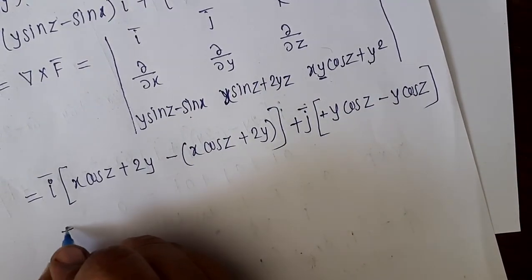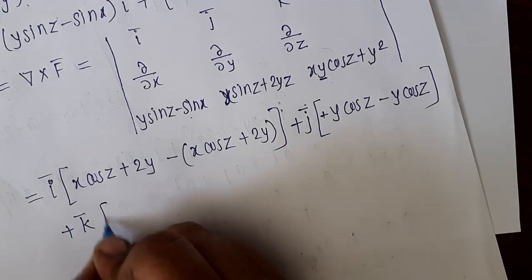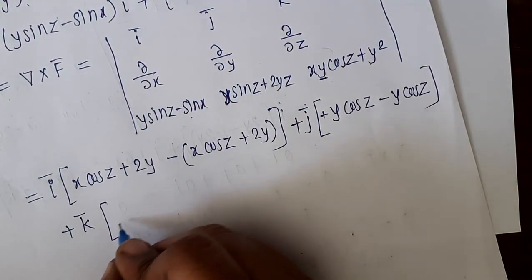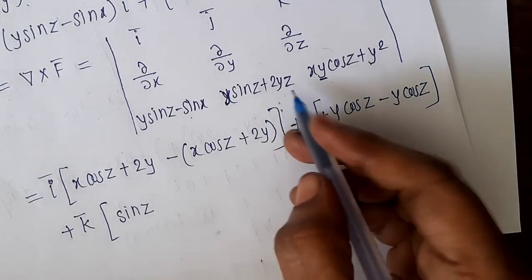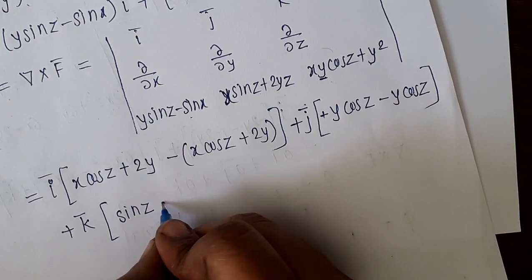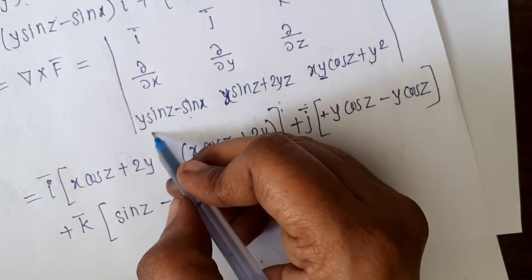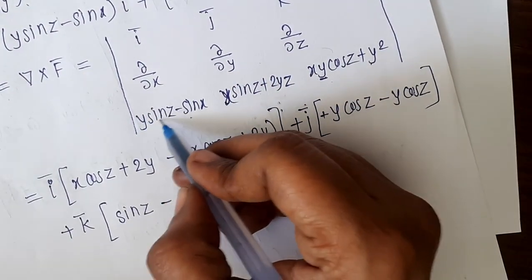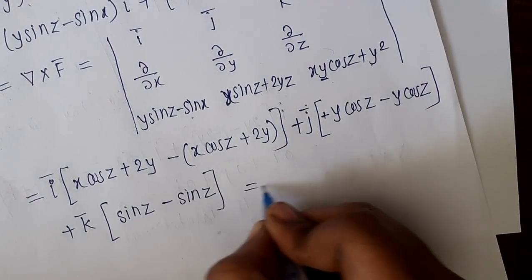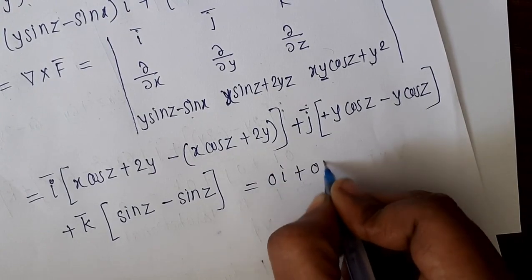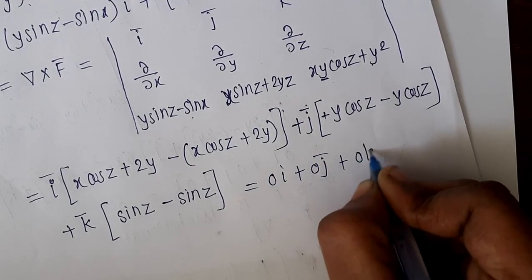Plus k times del by del x of x sin z plus 2yz. So x derivative is 1, sin z remains as it is, plus 2yz derivative becomes 0, minus del by del y of y sin z, derivative is 1, sin z remains as it is, and sin x derivative is 0. So it is equal to 0i plus 0j plus 0k.